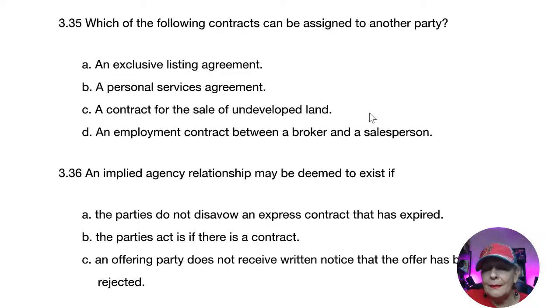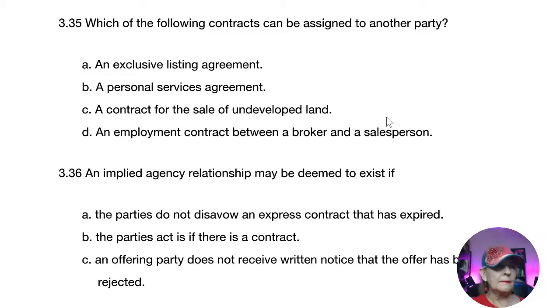So it can be on a house. It doesn't have to be undeveloped land. That's just the correct answer in this case. It could have been on a residential property.